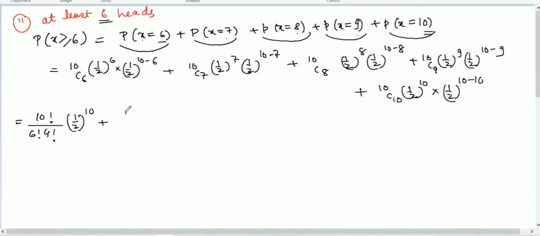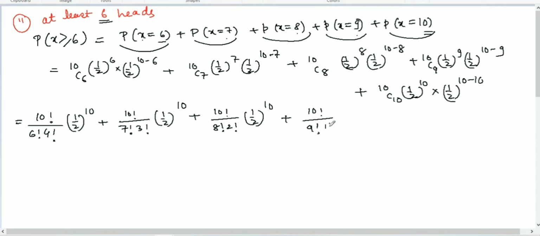Now 10 factorial over 7 factorial and 3 factorial, and half to the power 10 as well, plus 10 factorial over 8 factorial and 2 factorial, half to the power 10 as well. Here 10 factorial over 9 factorial and 1 factorial, and half to the power 10, plus 10 factorial over 10 factorial and 0 factorial, half to the power 10. And remember, 0 factorial is equal to 1.